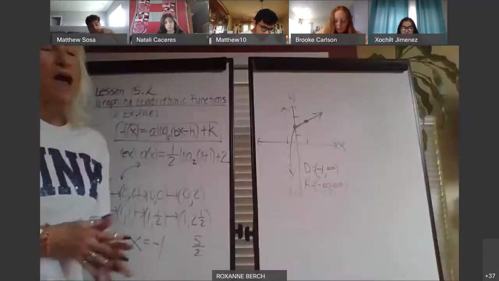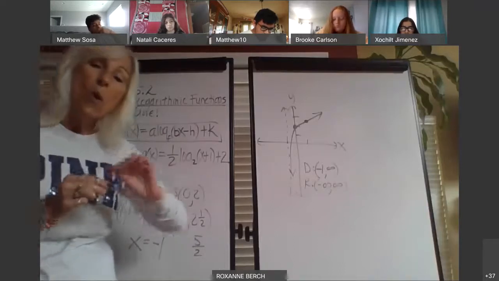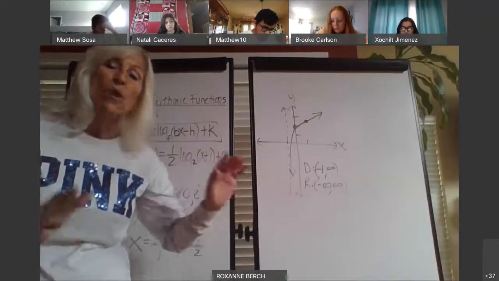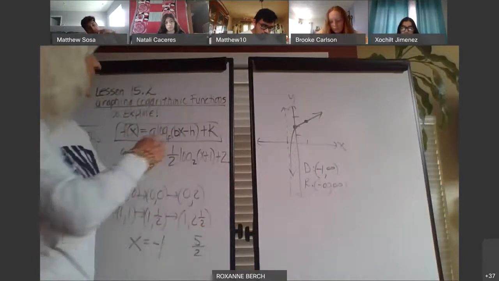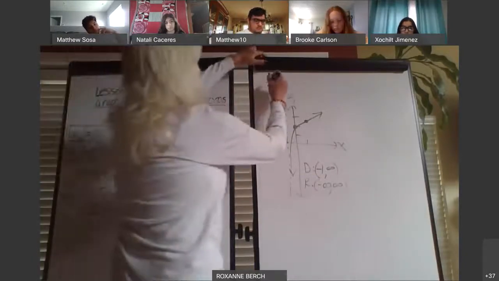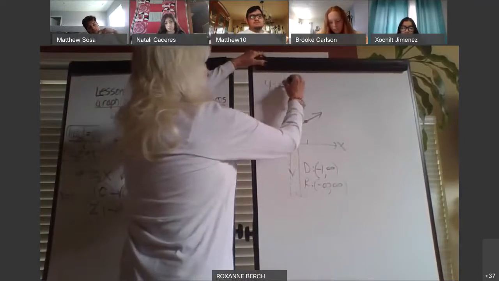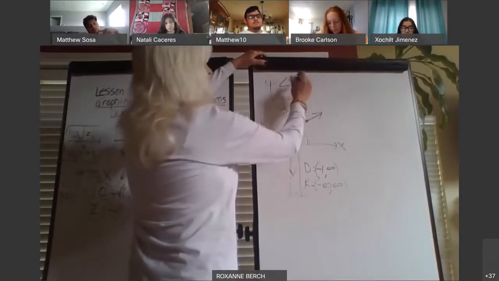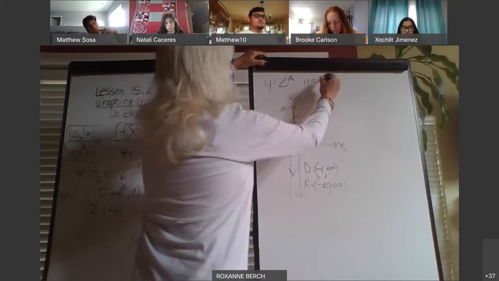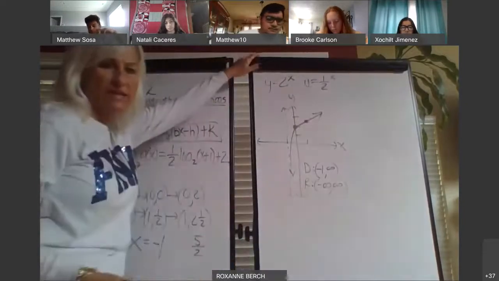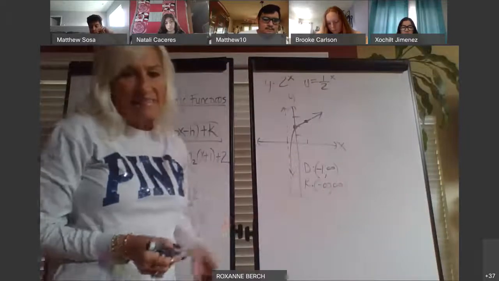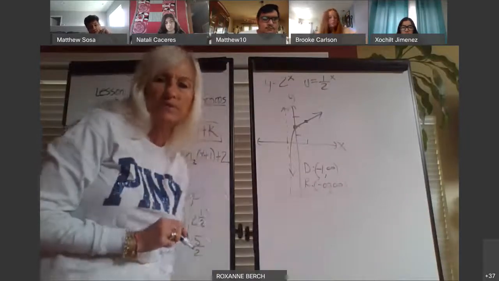Good question. We have horizontal asymptotes with exponential growth and decay. Remember back, just previously we had y equals 2 to the x, which was exponential growth, and y equals 1/2 to the x, which was exponential decay. These have horizontal asymptotes.